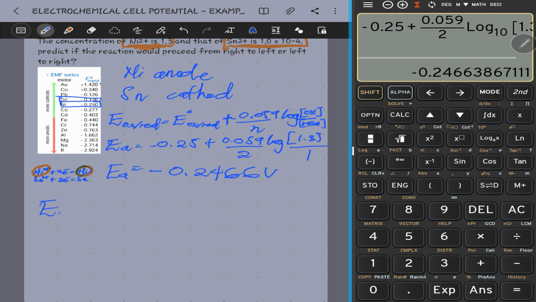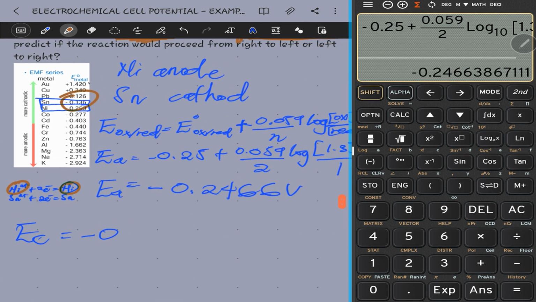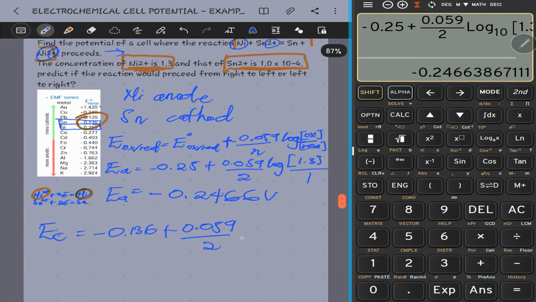Let's see what we are getting for the cathode, the cathodic half. Here we're considering tin. So we have the value right here: minus 0.136, plus 0.059 on 2, still 2 electrons. Then we have log.